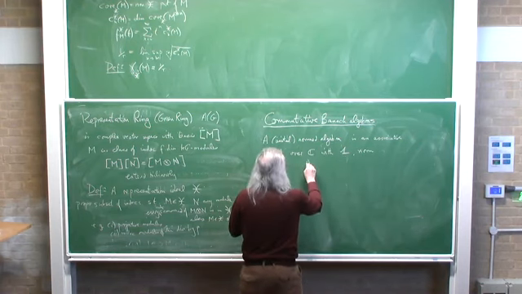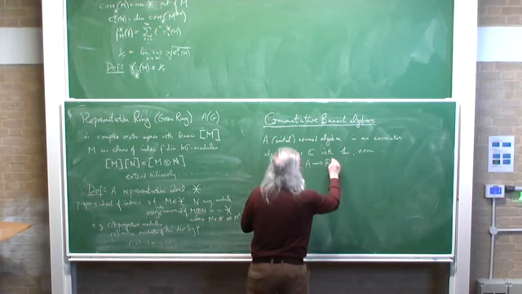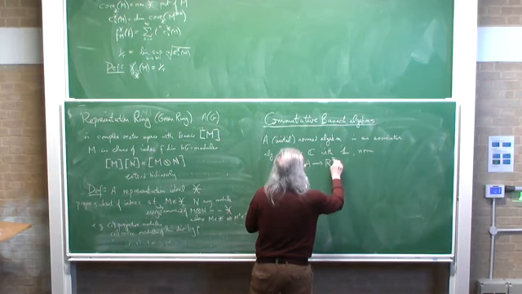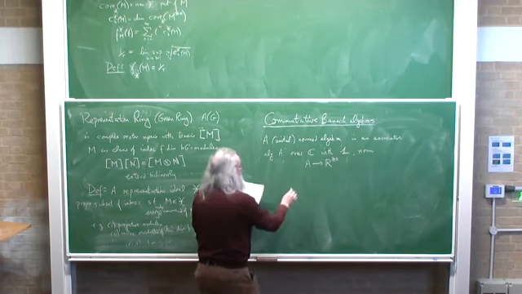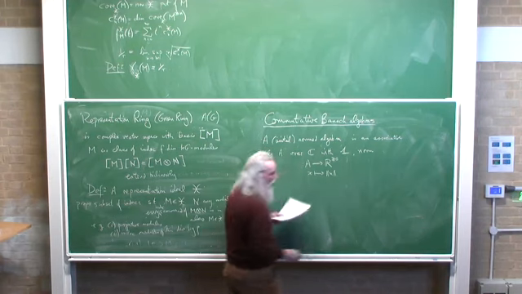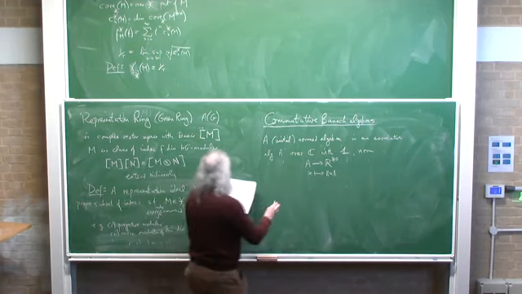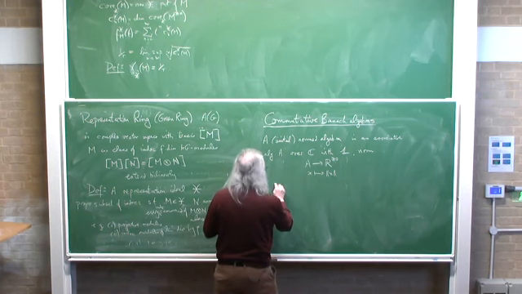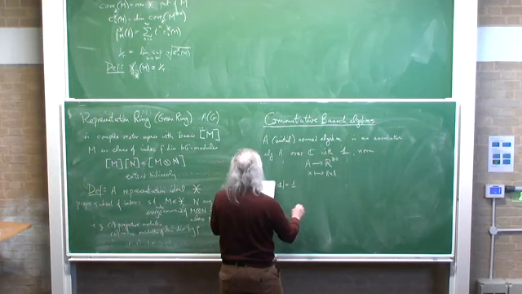which is a map from A to the positive reals, that's written with a double bar, satisfying some properties. The norm of 1, I'm going to take to be 1.